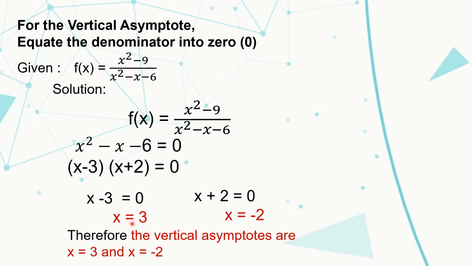So, x now is equal to 3. And on x plus 2 equals 0, just transpose positive 2 on the right side of the equation, magiging negative 2 siya. So, x now is equal to negative 2. Therefore, the vertical asymptotes are positive 3 and negative 2.